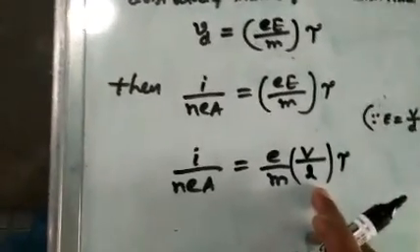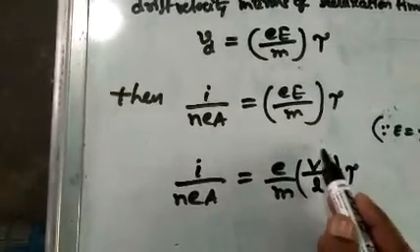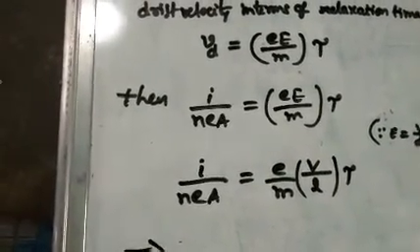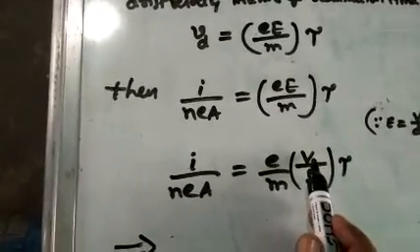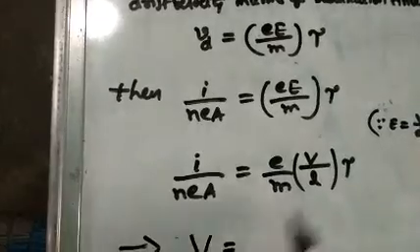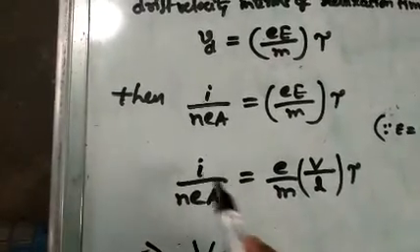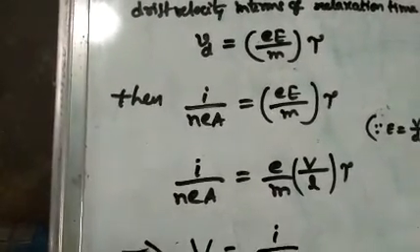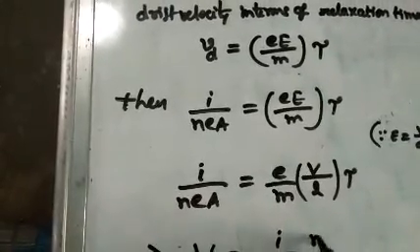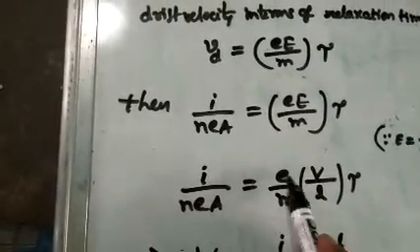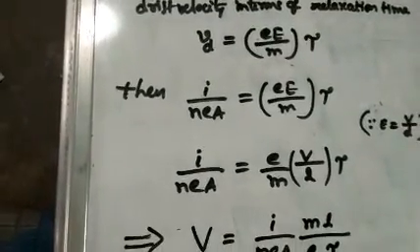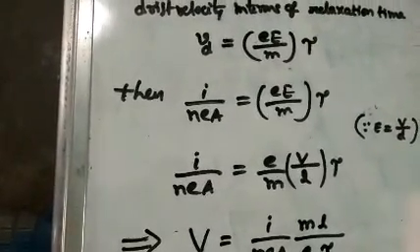Now only potential you can keep on one side, and shift the remaining things to the other side. Listen carefully. So potential V is equal to I by nEA, and m, L, e, tau will come to the denominator.